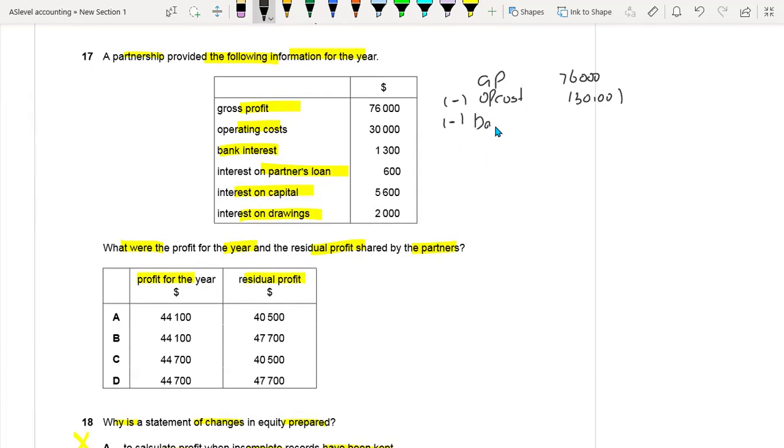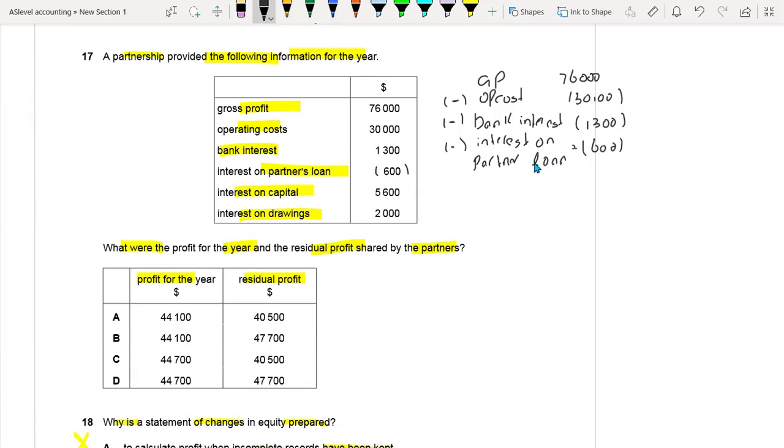So minus bank interest, which is equal to 1,300. And also minus the interest on partners' loan. Because we have to pay the interest on partners' loan, which means that we have taken the loan from the partner for the business, and that's why we have to pay them interest. So this would also be an expense for us. So this is 600.